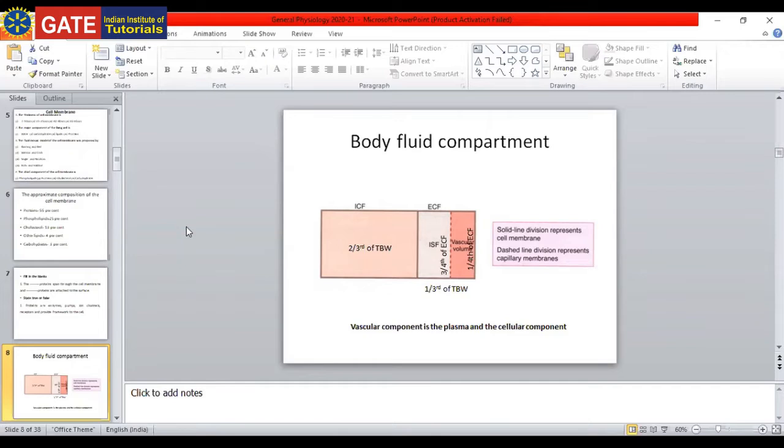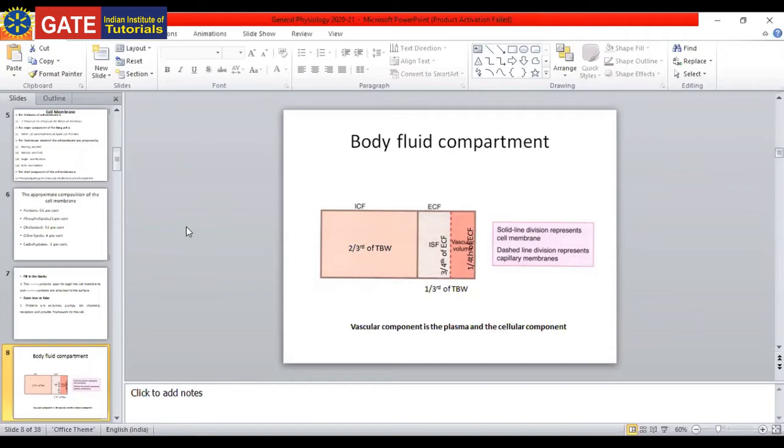What is outside the cell is extracellular fluid, which includes the fluid between the cells, which we call interstitial fluid, and the vascular compartment, that includes the plasma and the cellular component. So all that forms the ECF. Of the total body water, 2/3 constitutes the ICF and the remaining 1/3 is the ECF.